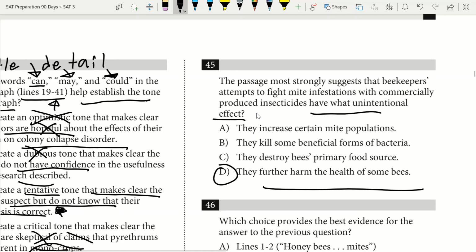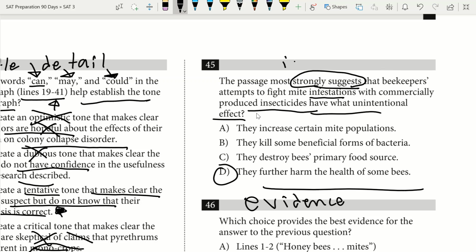All right, so as far as question types, 46 is obviously an evidence question type, right, because we're just providing evidence for our previous question. 45, so the passage most strongly suggests beekeepers' attempts to fight mite infestations with commercially produced insecticides have what unintentional effect? Anytime I see strongly suggests, that's telling me that it's either an inference question or a little detail question. And sometimes those two cross over a little bit, like in this case, understanding that little detail that we talked about, how it can further harm their health.